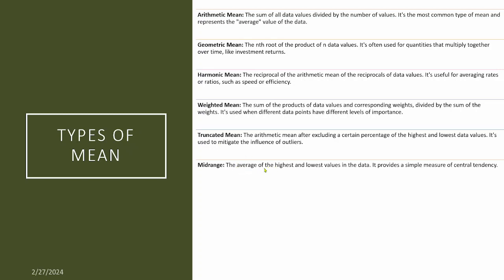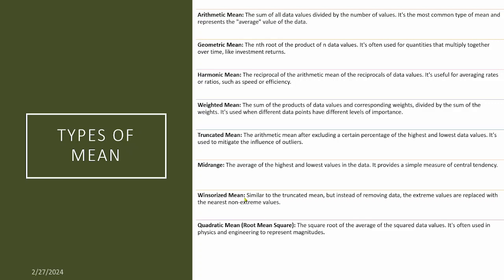Mid-range is the average of the highest and the lowest values in the data, and it's a simpler mechanism, may not be very suitable. One more method is Winsorized mean. It is very similar to truncated mean with a slight difference. Let's just wait for subsequent slides, I'll give you an example of these.